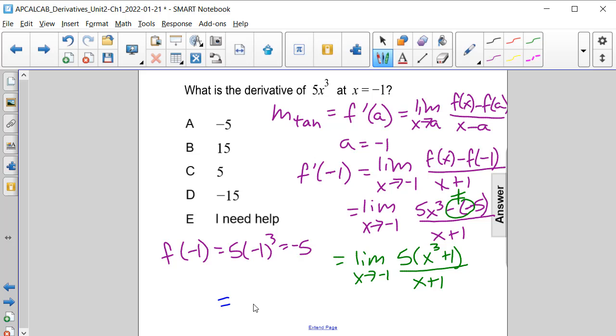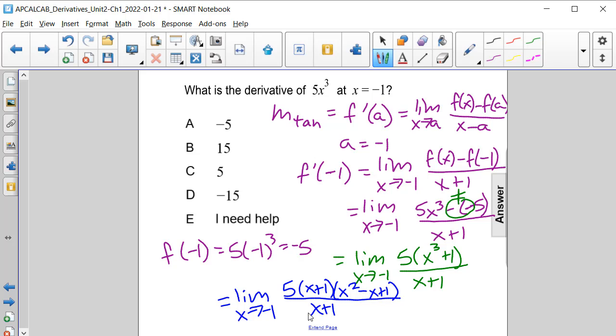So that's going to be then equal to the limit as x approaches -1 of 5 times x plus 1 times x squared minus x plus 1, all divided by x plus 1.